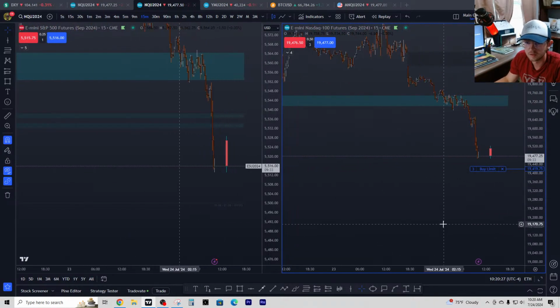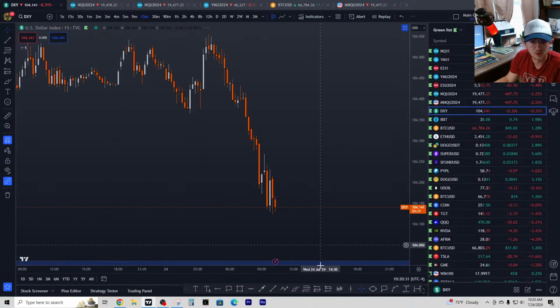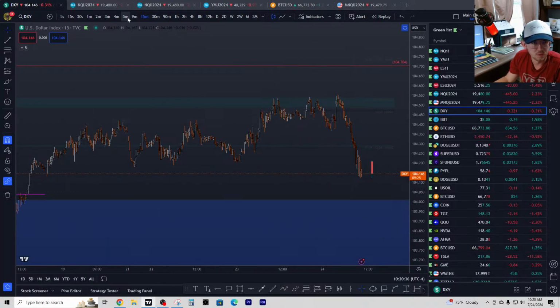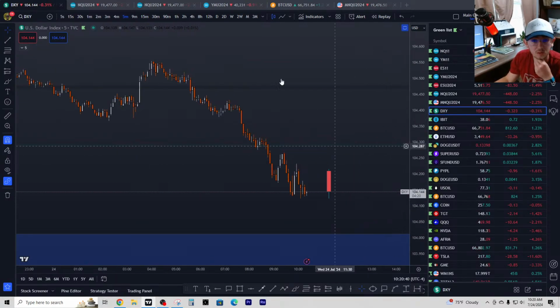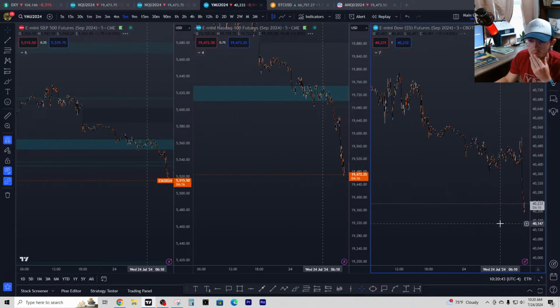Another bearish 15-minute closure. They're just so heavy right now. And we're pushing lower here on dollar. So when we push lower on dollar, industries should be moving higher. But it's just all contradicting itself right now.